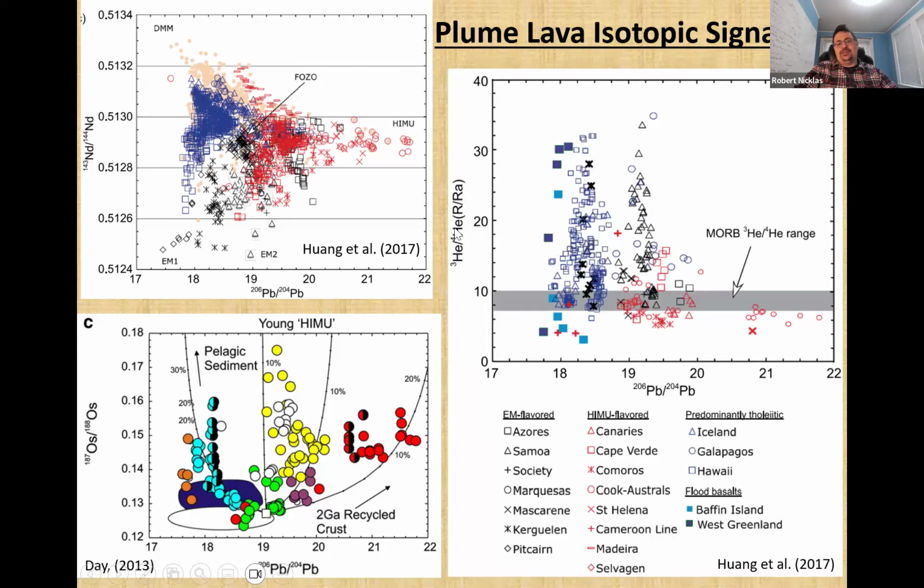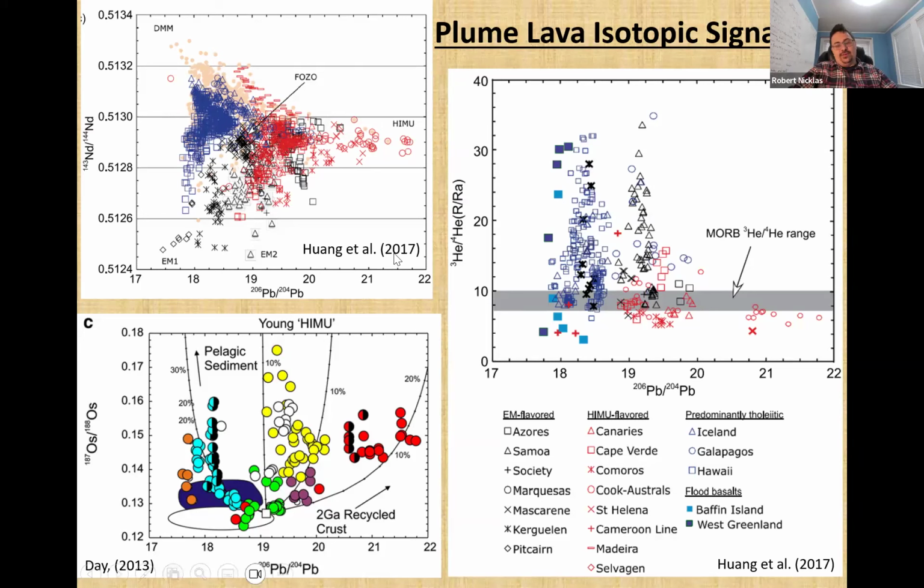Helium 3 is primordial, helium 4 is formed by radiogenic decay. So high 3/4 indicates that the mantle source of the lava hasn't interacted with the atmosphere at all. And you'll notice things with more radiogenic lead have low helium ratios. This is largely due to the fact that they sample recycled oceanic crust, which has interacted with the atmosphere.